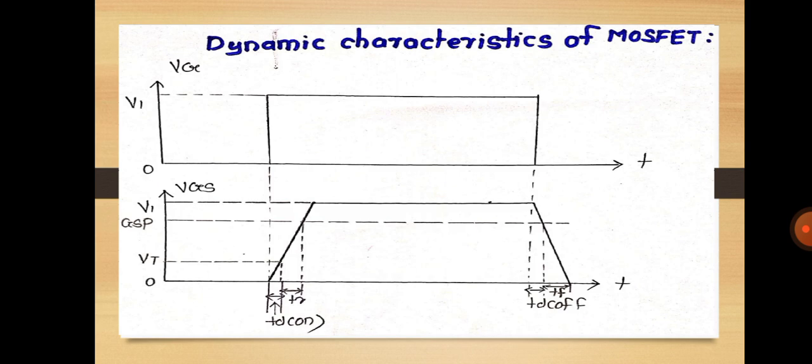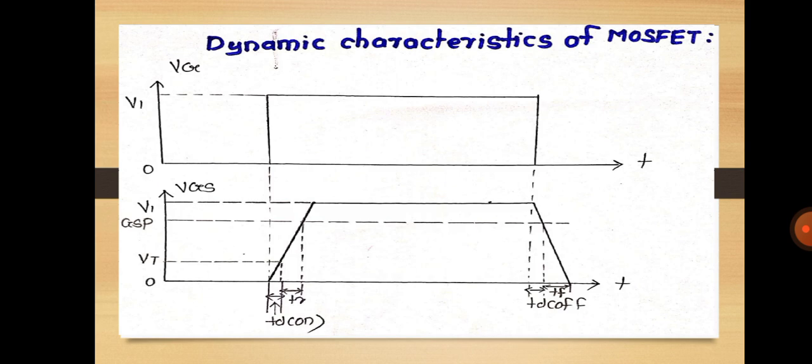Gate to source voltage is steadily increased, indicated by the first line, and then it becomes constant. The straight line after the first line indicates the constant voltage. When the gate voltage is removed, that is when gate voltage is 0, the gate to source voltage steadily decreases, as we can see in the second diagram's last line.